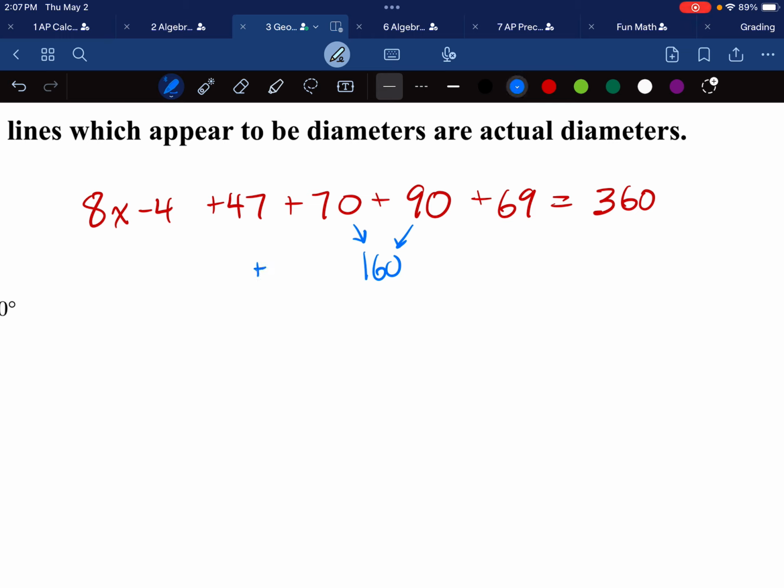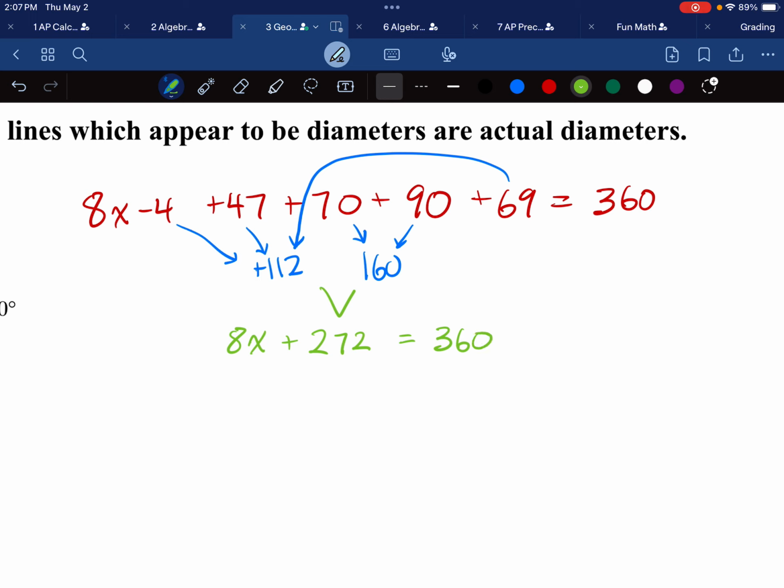So plus another 112, and I'll put an arrow over here so I can keep track of my work. And then if I add those two together, 112 plus 160, that adds up to 272. So I have 8x plus that 272 is equal to 360.